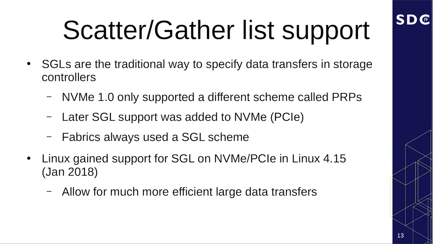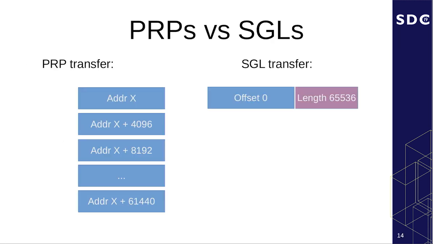And NVMe 1.0 did not support these SGLs, just something called PRPs. NVMe 1.1, I think, finally added SGL support to PCIe. The various fabrics transports always used SGLs in a slightly different form. And Linux 4.15 finally gained the SGL support for PCIe.